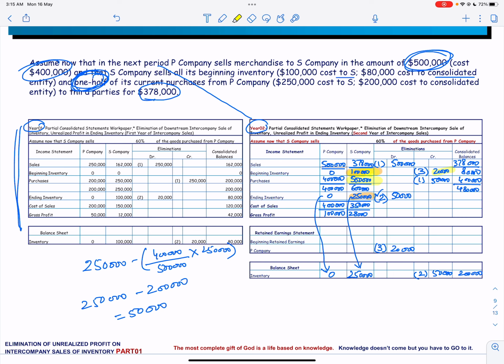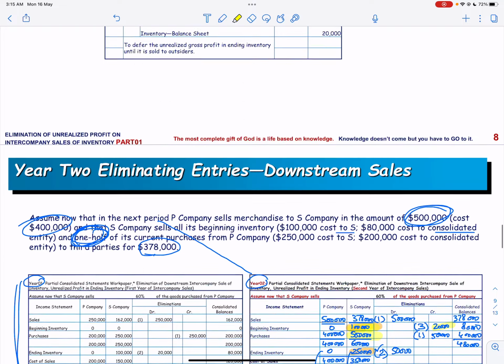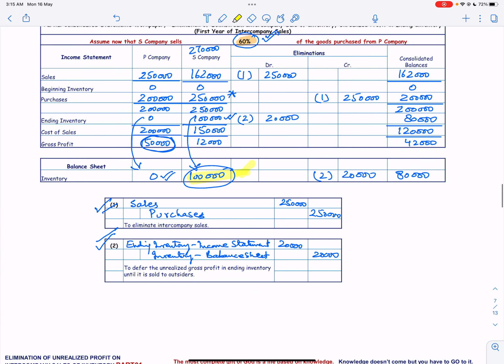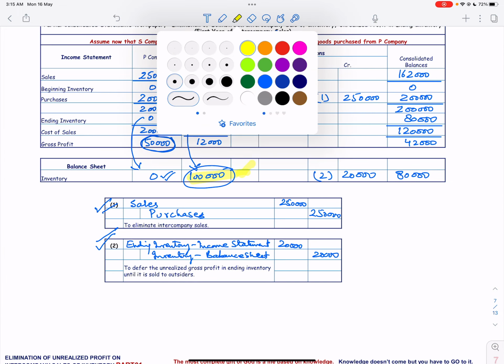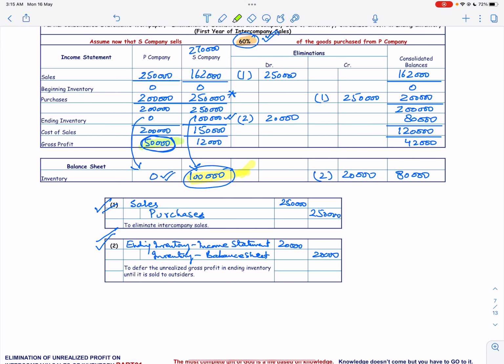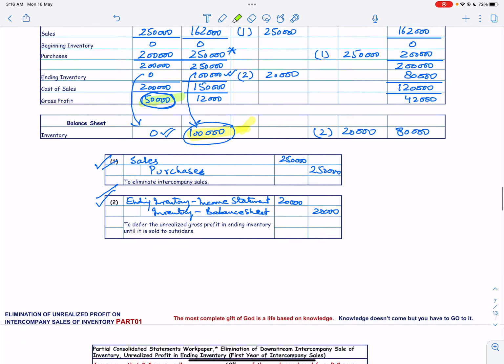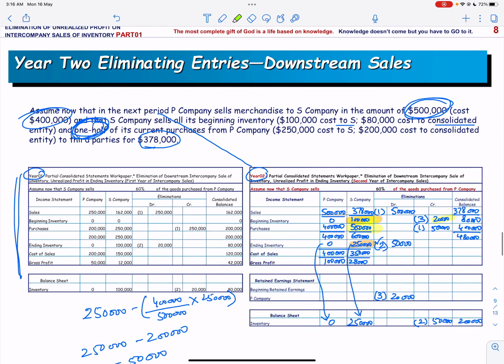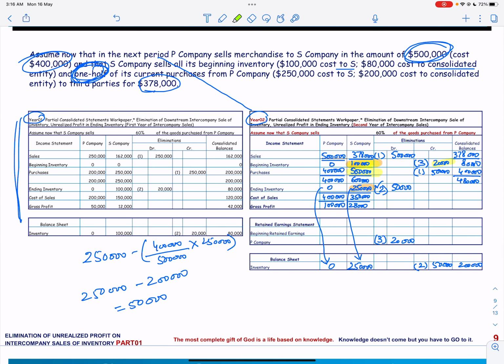Now in the previous year, P company recorded 50% in profit on intercompany sales. At the beginning of the year, 40% of that amount has not been realized by sales to third parties. That's why it must be eliminated from the beginning retained earning of P company to correctly reflect the beginning consolidated retained earning.